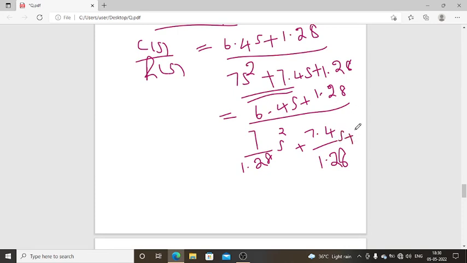Okay, so this is the correct form of a second order control system.